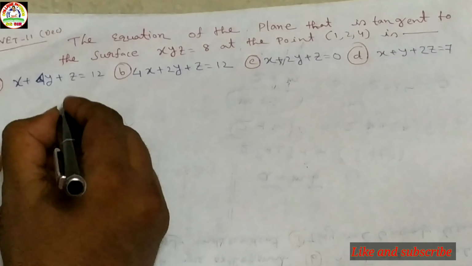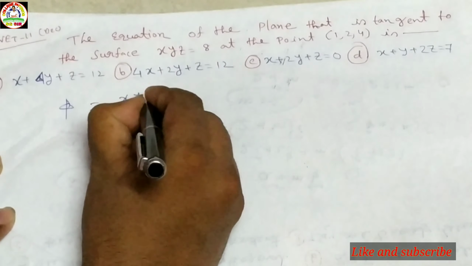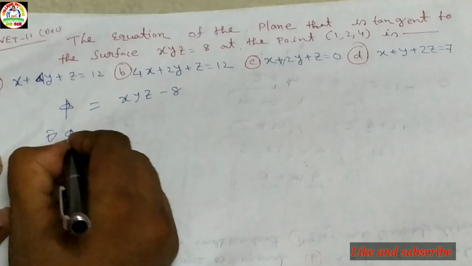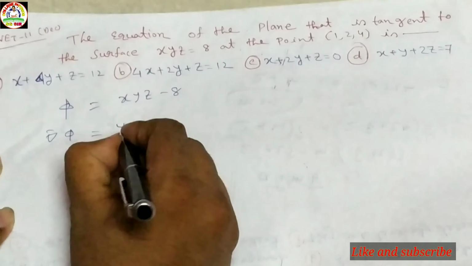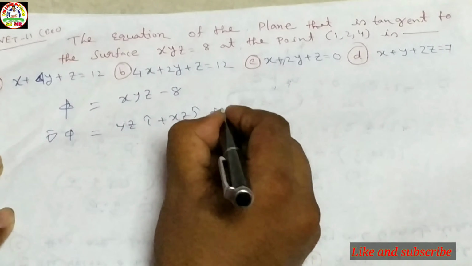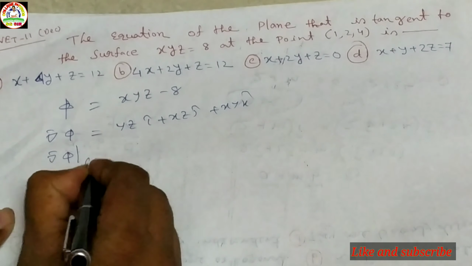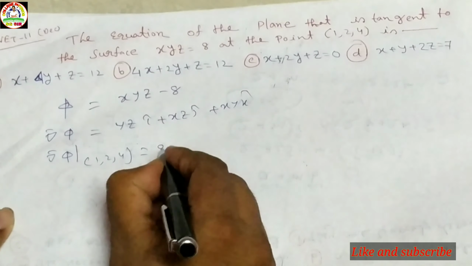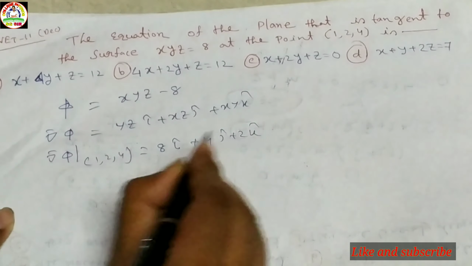At first, the function phi is equal to xyz minus 8. Now we calculate gradient of phi. Grad phi means yz i cap plus xz j cap plus xy k cap. So grad phi at the point 1, 2, 4, if we put this value, is 4 into 2 is 8 i cap plus 4 j cap plus 2 k cap.